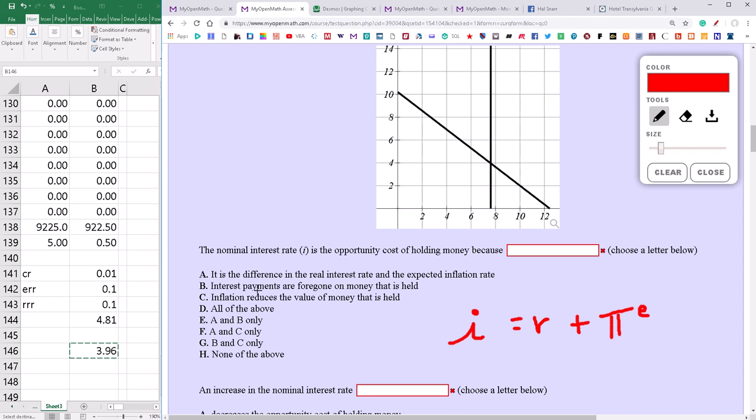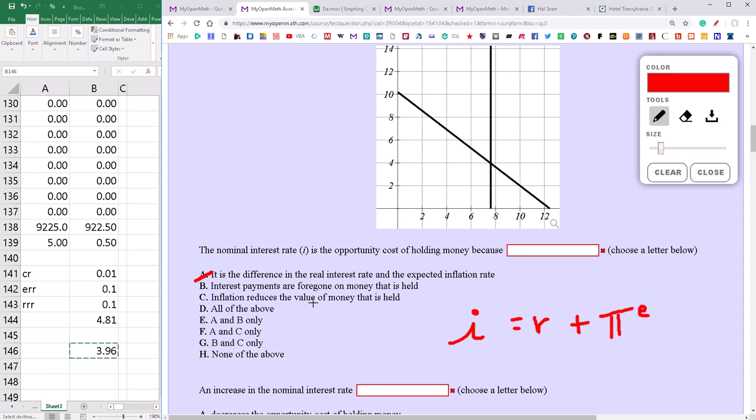Okay, it is the difference between the real rate of interest and expected inflation. It's not the difference, it's the sum. So that's not correct. Interest payments are foregone on money that is held. So if you hold money, you're foregoing the opportunity of earning interest. So B looks good.